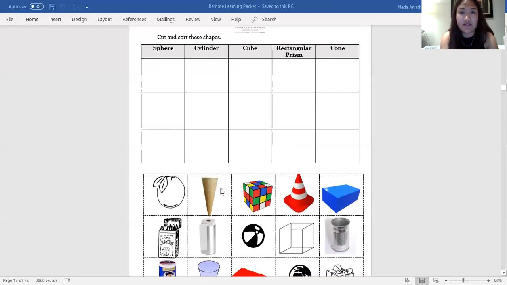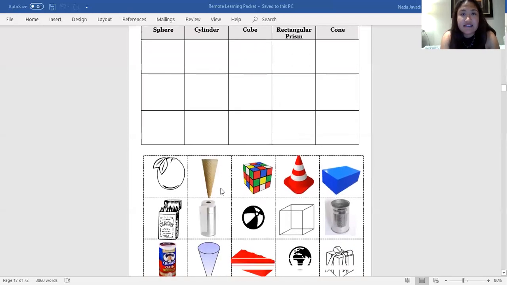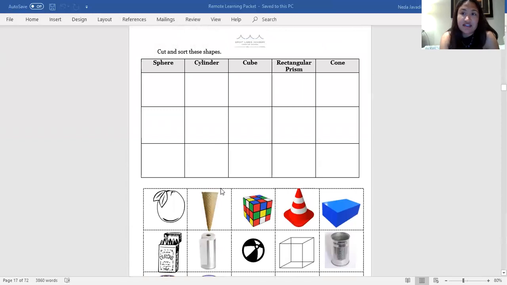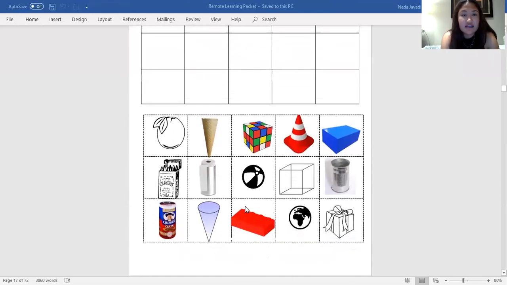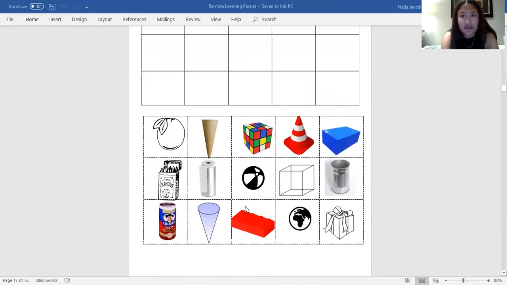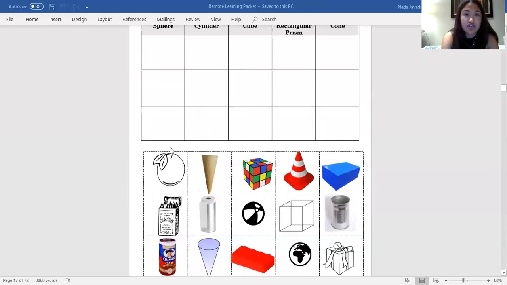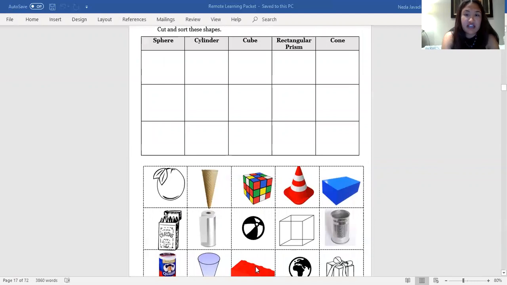The next thing that we're going to be looking at is this page that says cut and sort these shapes. So instead of cutting and sorting, so you don't mess up the next page, I want you just to draw each of these shapes that you see down below into where it goes in the chart.